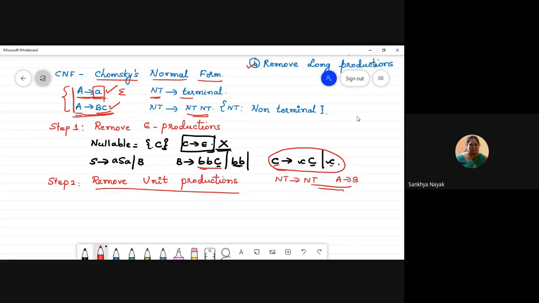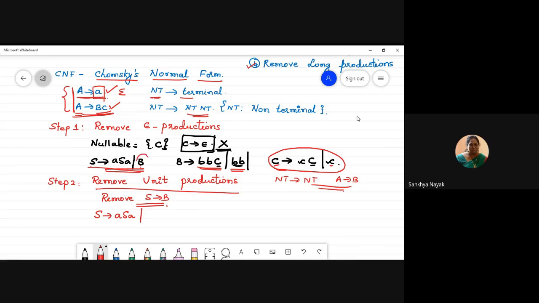Do we have any unit productions here? No. Do we have a unit production here? Yes. Which one? S derives B. So I have to remove S derives B. Okay. So how will I remove S derives B? So take this first production. S derives ASA is as it is.